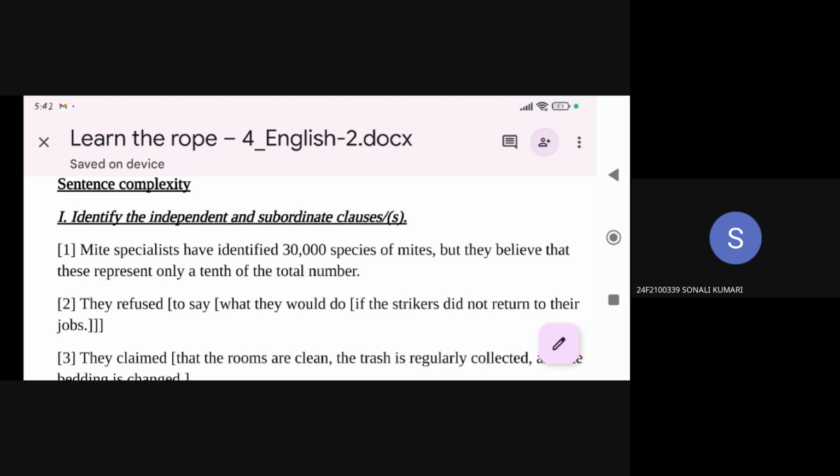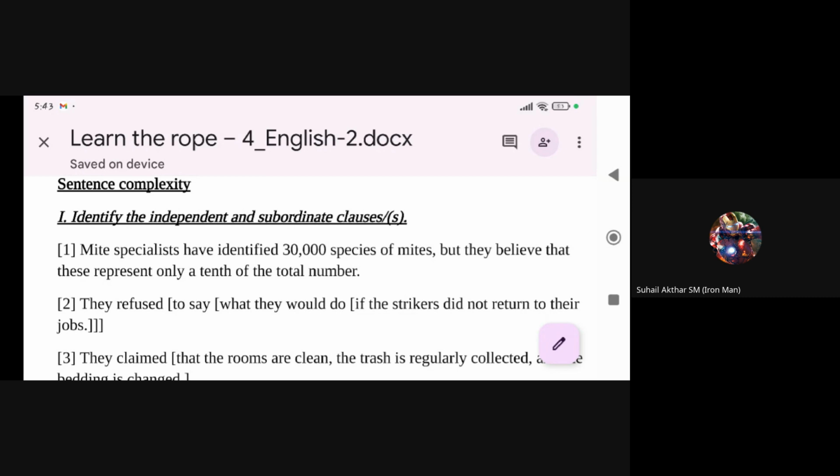But are there any subordinate clauses? There is a that clause here, right? Don't you see that? That these represent only a tenth of the total number. See this one? What is this? Is this an independent clause? No. No, subordinate clause. Now, this is a subordinate clause.